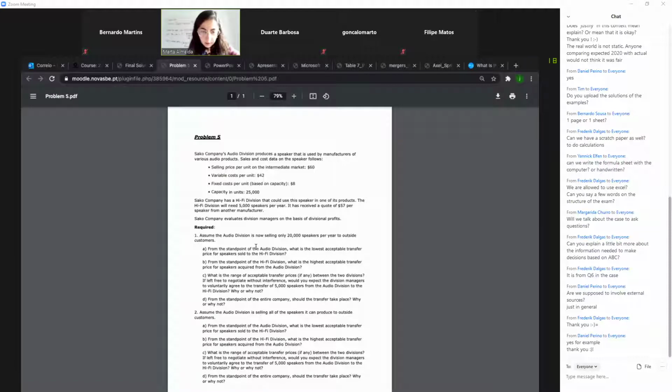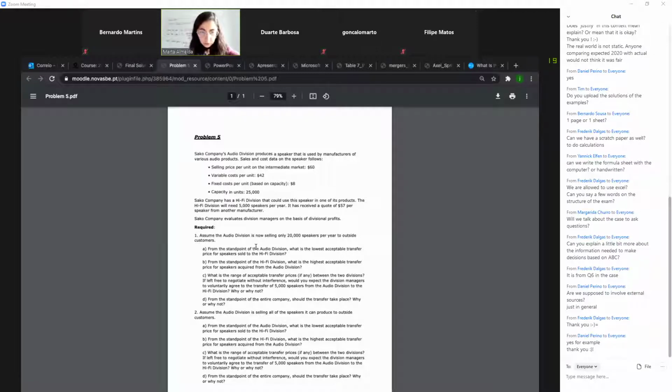Portanto, nós estamos aqui assumindo que o Audio Division is selling all speakers it can produce to outside customers. Portanto, se eles conseguirem vender tudo para fora, pergunta para o áudio qual é o transfer price e para o Wi-Fi qual é o transfer price.